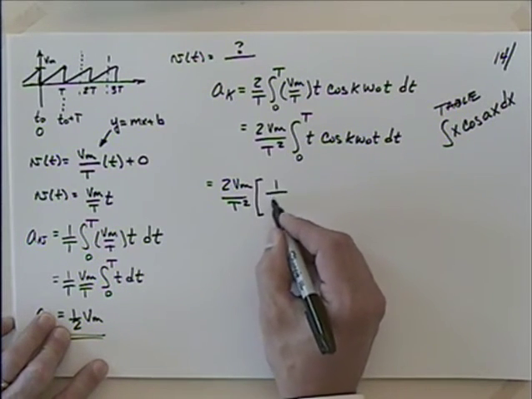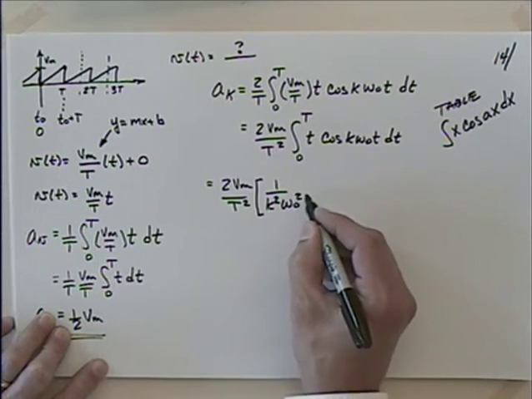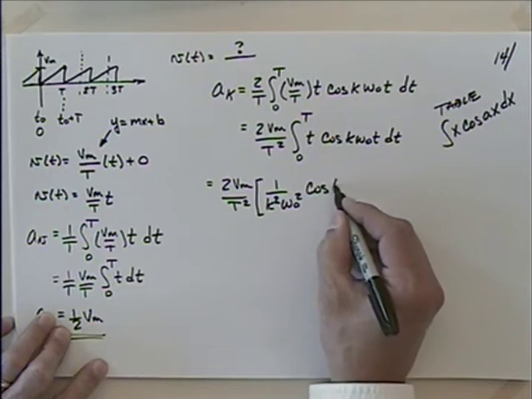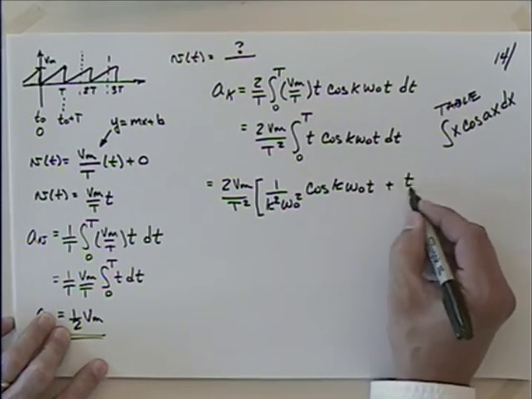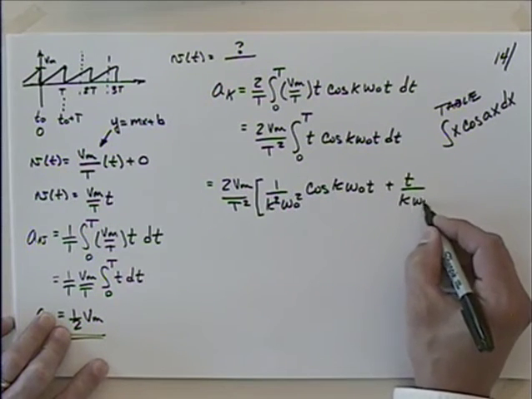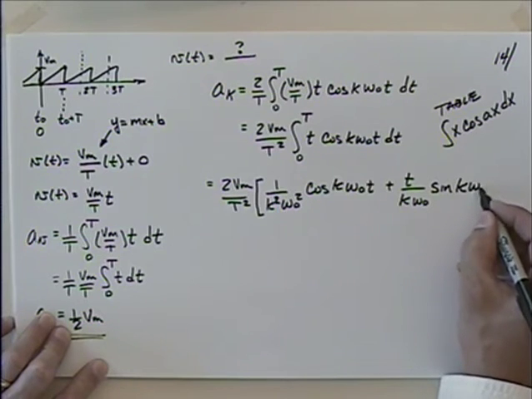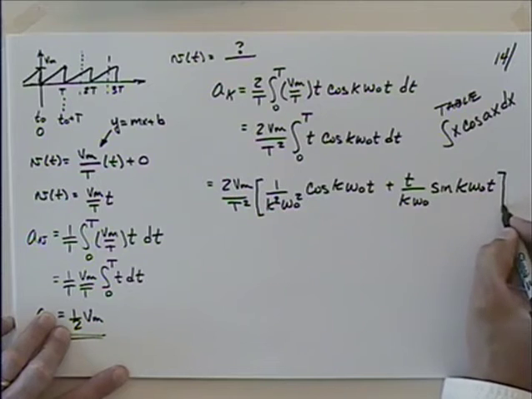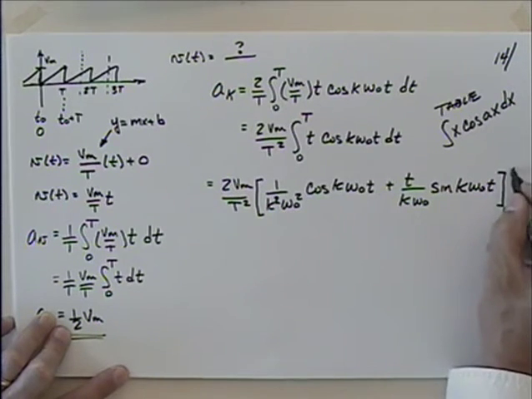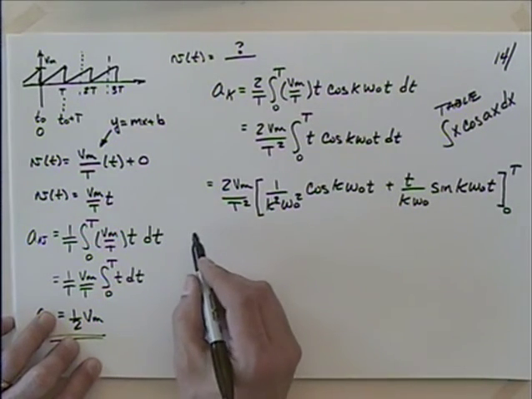1 over k squared omega naught squared, cosine k omega naught t plus t divided by k omega naught times the sine of k omega naught t, evaluated at 0 and T. It's going to get worse before it gets better.